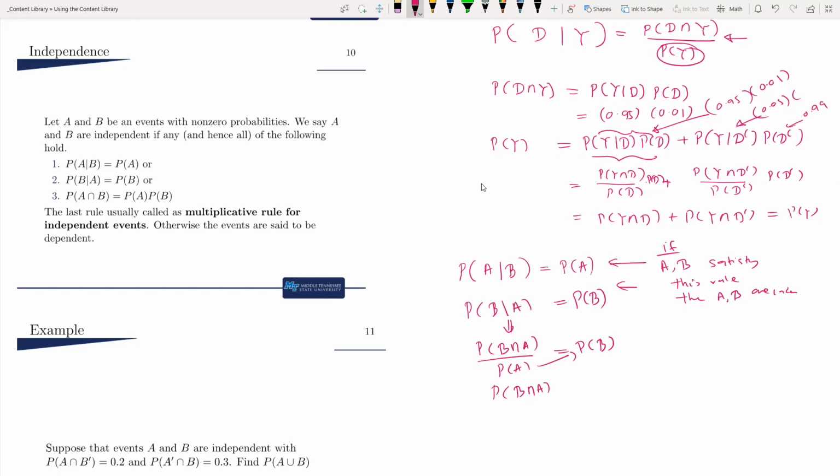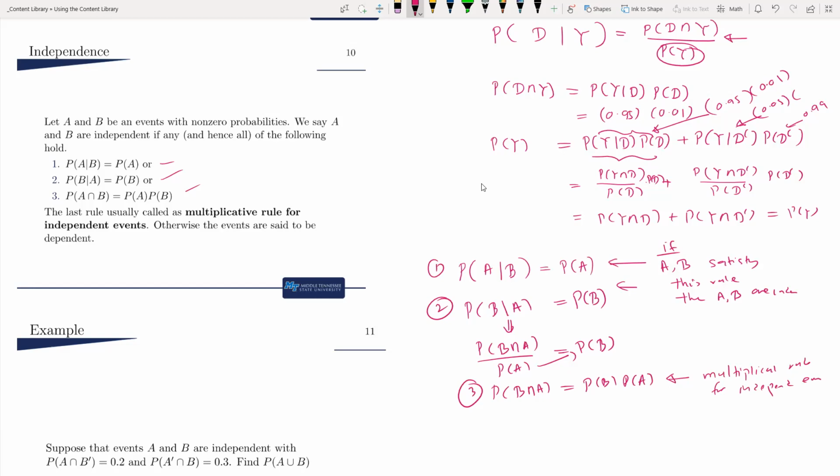If you have two events where probability of B and A equals probability of B times probability of A, then they are independent. So you can use one of these rules. This is also called the multiplicative rule for independent events.